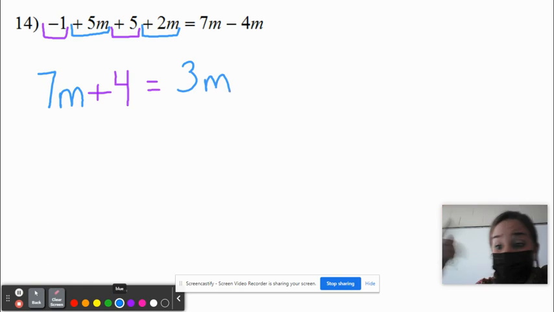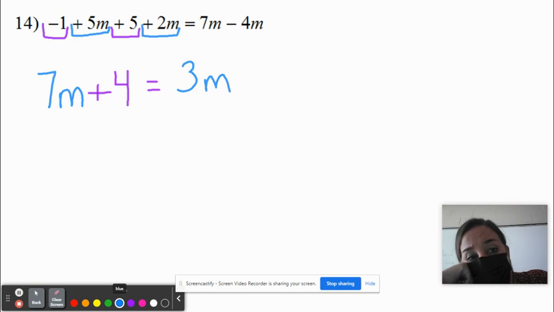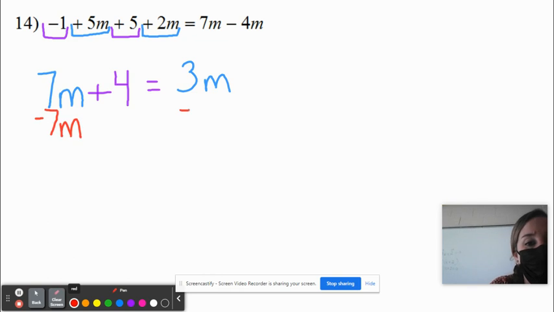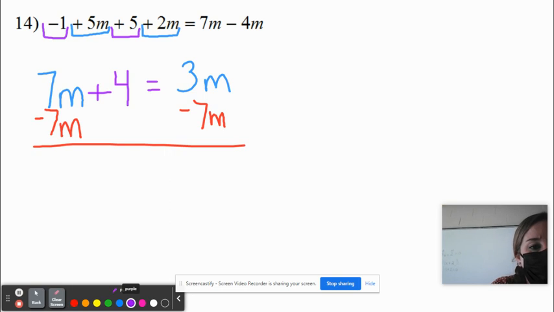Now, if I focused on getting the 3m away, then I would end up with nothing on the right-hand side, and then I would have to move stuff around. So let's skip a little bit of that, and let's get the variable terms to the right. So we have this positive 7m. We're going to subtract 7m. 7 minus 7 is nothing. The 4 comes down, and so does the equal sign.